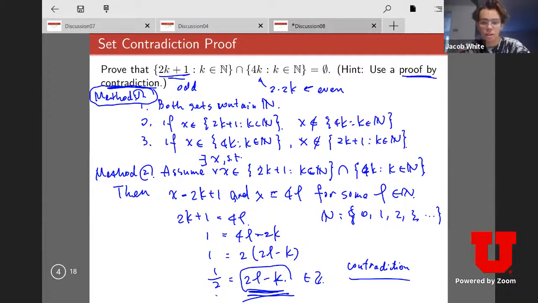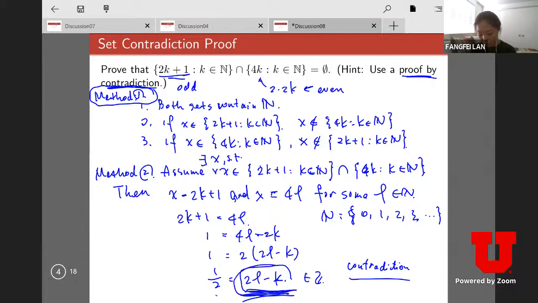So instead, could the contradiction be that the left-hand side is not a natural number, that the left-hand side is not an integer? Right. Yes. The point is that this right-hand side doesn't have to be a natural number.